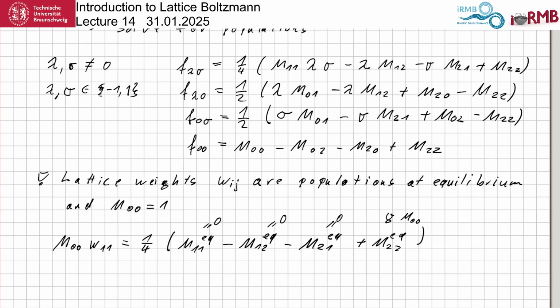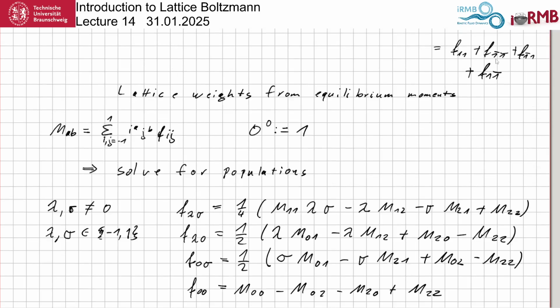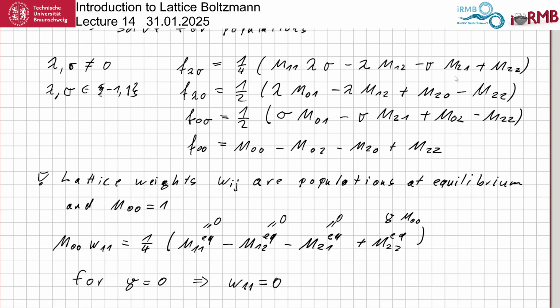Which means, so the case that we had previously, if we say that gamma is equal to 0, what this implies, as we have seen above, is that the weight for 1 is 0. And this is, of course, if I may go back, the weight for these populations, so they would disappear if gamma is equal to 0.